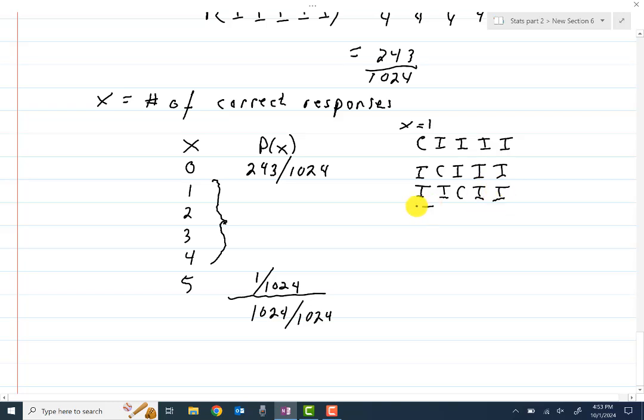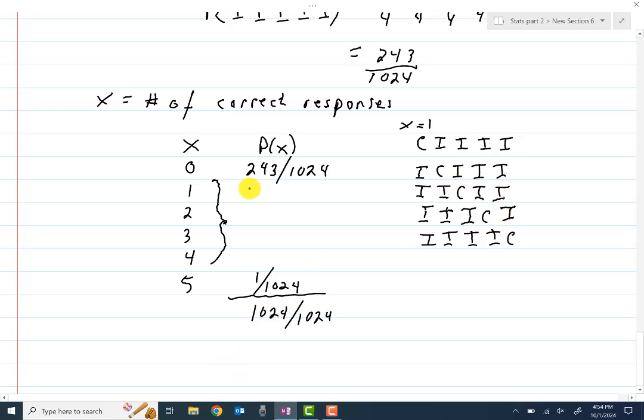See how that C is moving through there? And then I even have one last one. So what we see here is I have a total of 5 ways of getting one right.